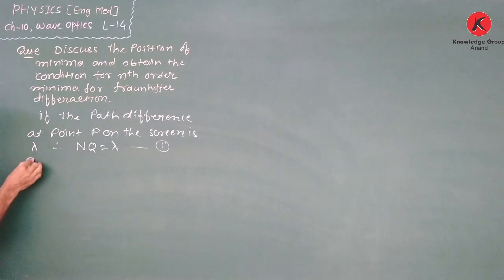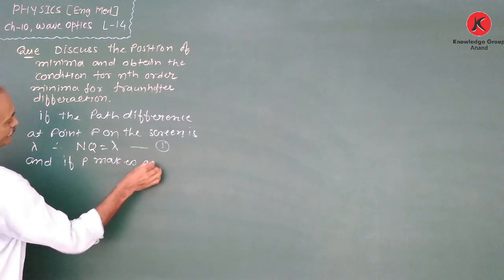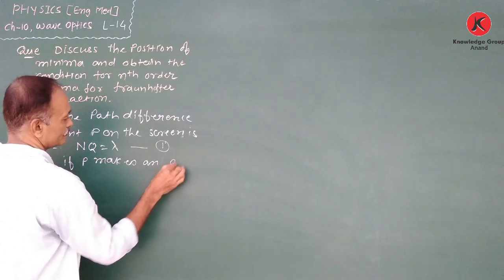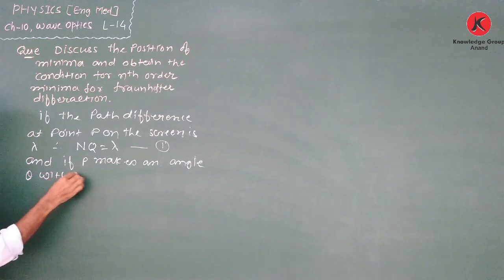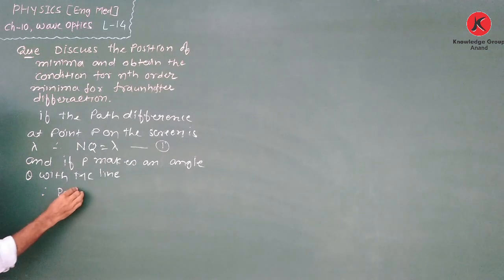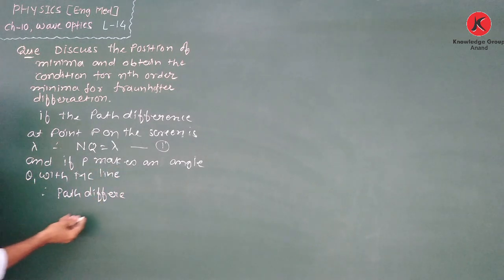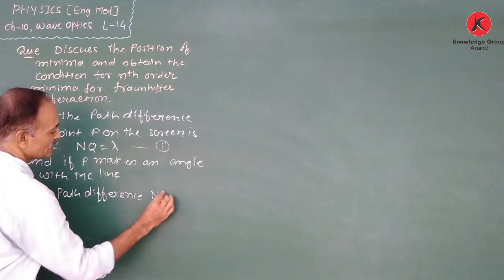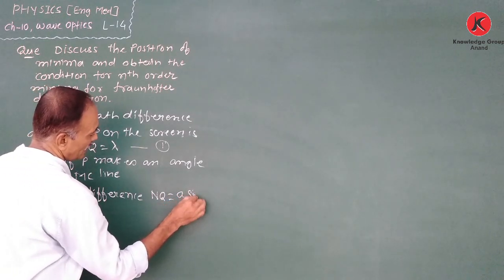And if P makes an angle theta 1 with the MC line, therefore path difference NQ is equal to a sin theta 1.